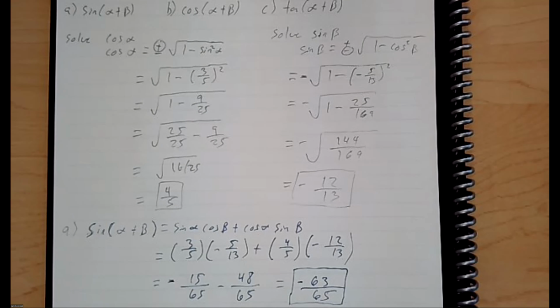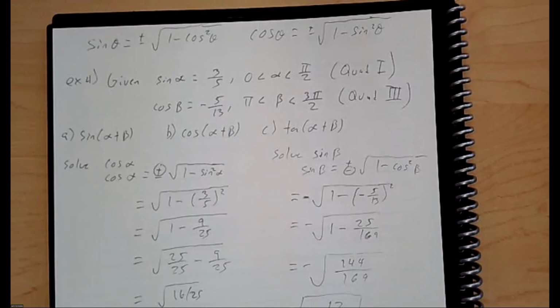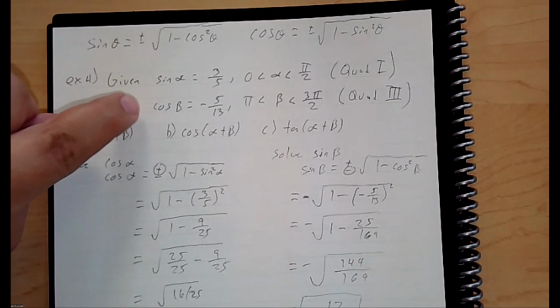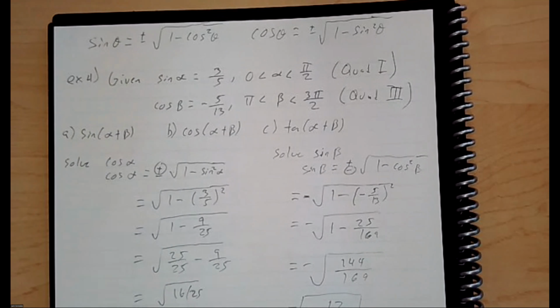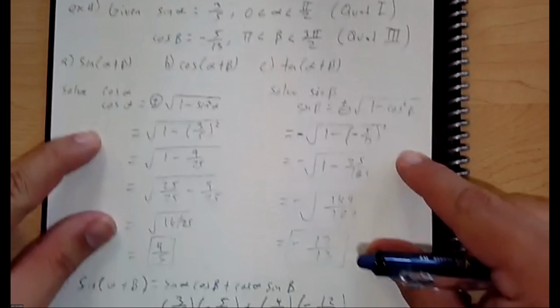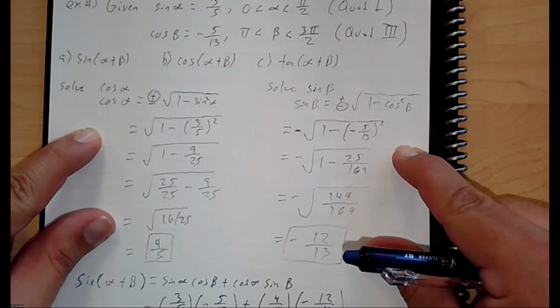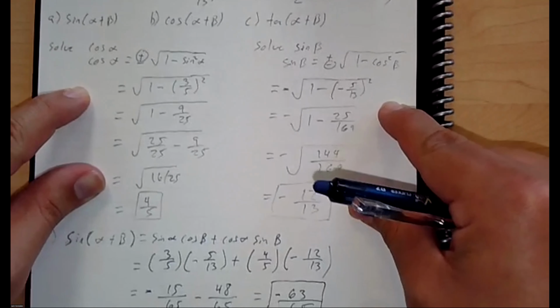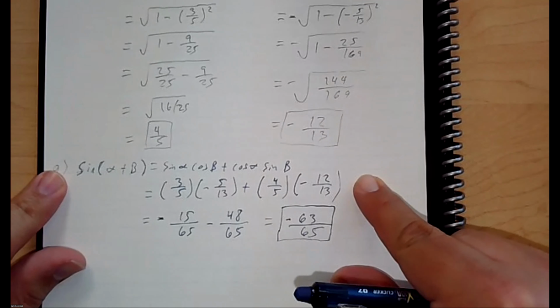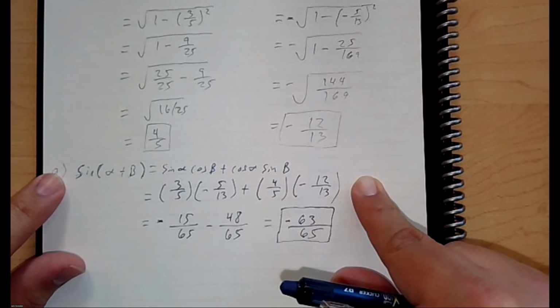We were given sine alpha and cosine beta, so we just found the pairs that were missing. That's what we did here. We chose the signs according to the quadrant, and once we had everything, you just put them into the formula. That's it.